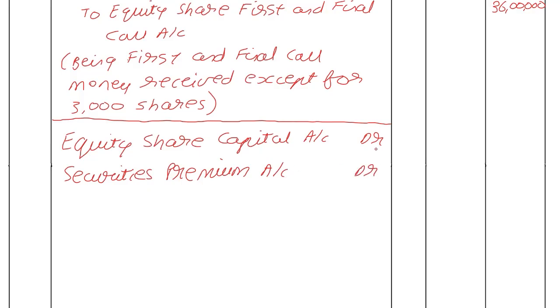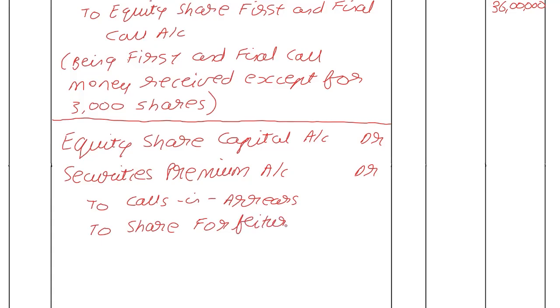Okay, debit. Then we already know what the call scenarios are. So two calls in arrears for the money that we have not received, and two share forfeiture for the money that we got and we're not going to give back to the applicant. Okay, Mr. Jain is not going to get his money back. He did not pay on time and he is going to lose that money. Two share forfeiture. Okay, both of these are accounts.